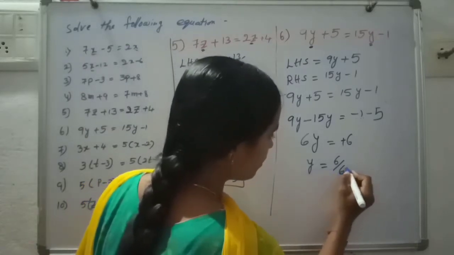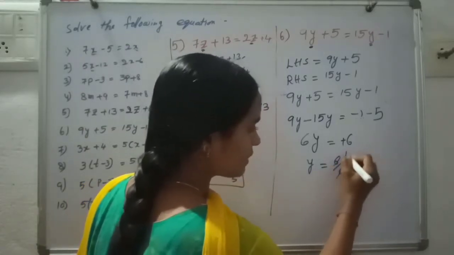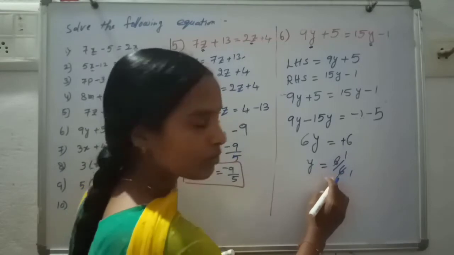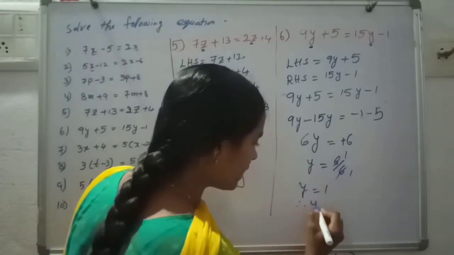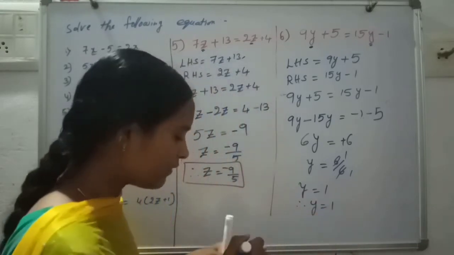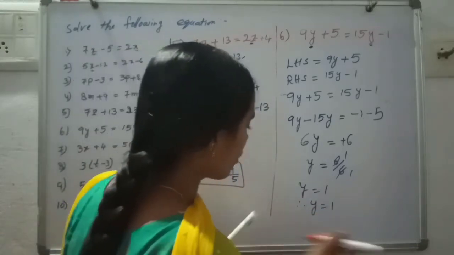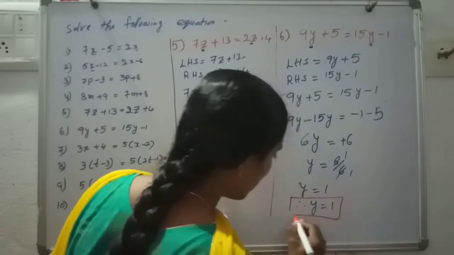Okay, y is equal to 6 ones are 6, 6 ones are 6, then cancel both. Next, y is equal to 1, therefore y is equal to 1. Its value is a simple equation, constant y value 1.